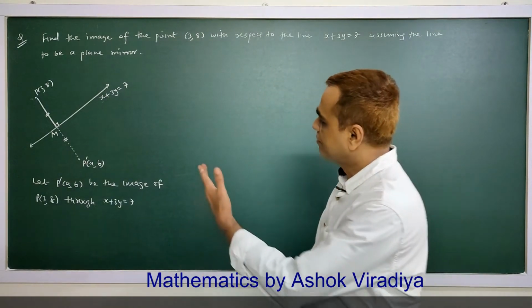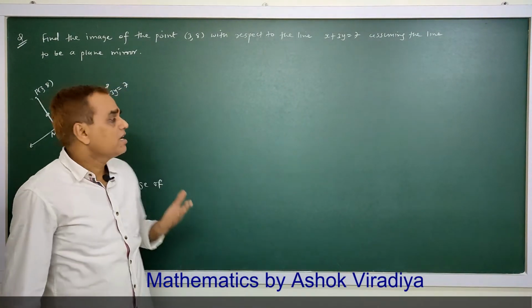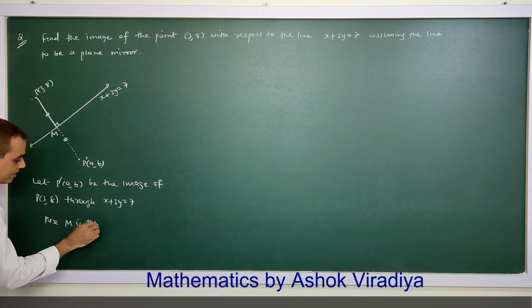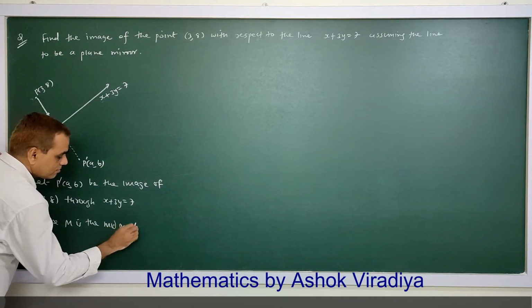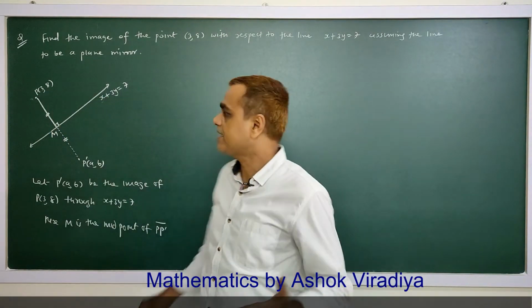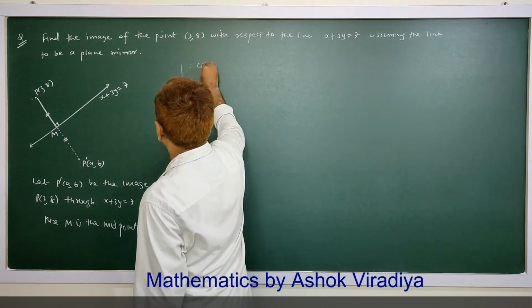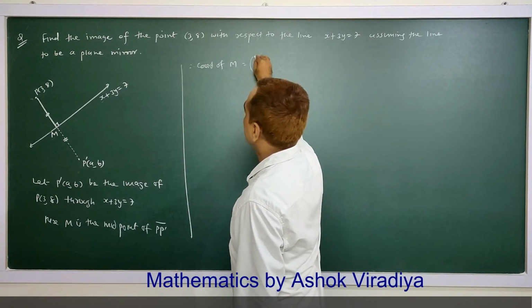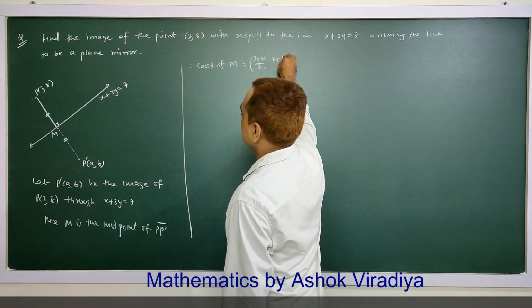Now see, from this diagram, M is the midpoint of PP'. Using the coordinates of P and P', we can calculate the coordinates of M. The coordinates of M are ((x1 + x2)/2, (y1 + y2)/2).